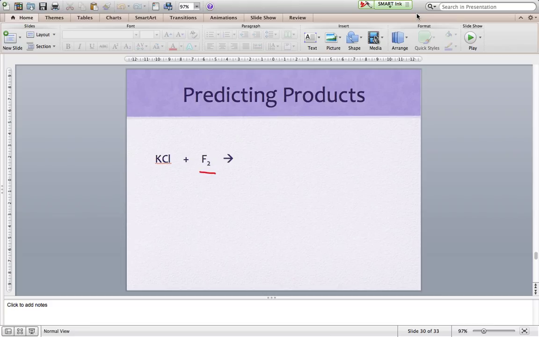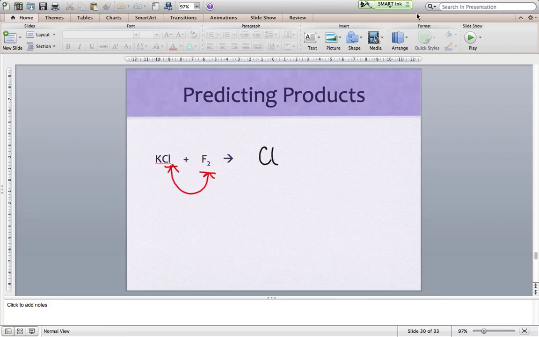So I'm taking a look at the anion here, okay? And I am going to see in this compound that the anion is chloride. So these two, they're not going to get together. Again, like charges repel, they are going to swap spots. So what's going to happen?